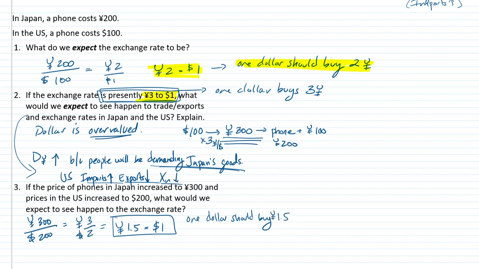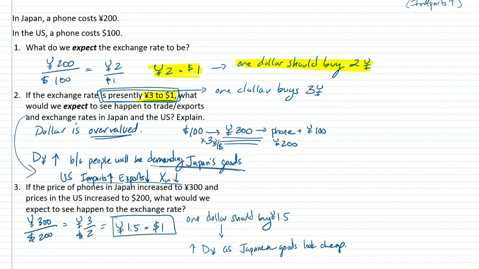But then the question becomes, will that actually happen, or what will happen to trade again? This will lead to the same outcome. Even if we got to 2 yen to $1, we're still not far enough. So we would again see an increased demand for yen as Japanese goods look cheap.